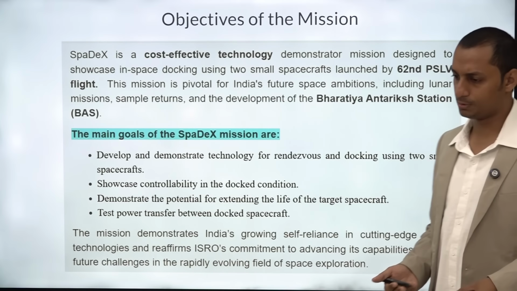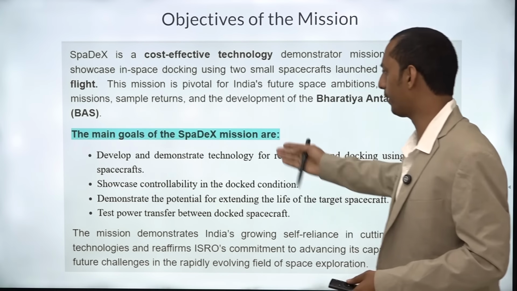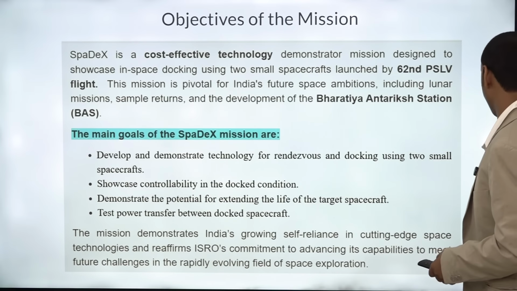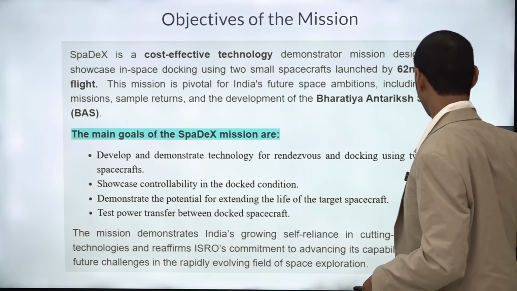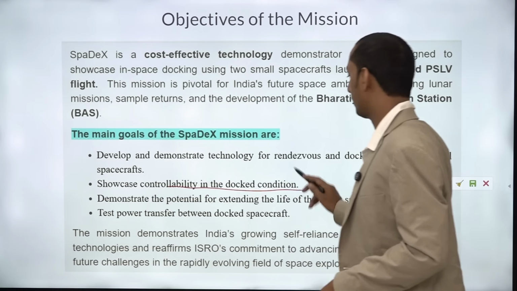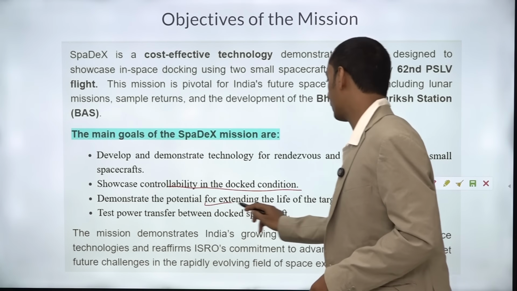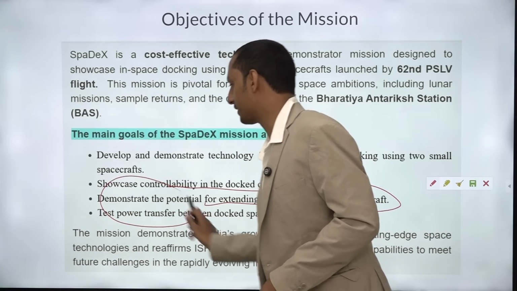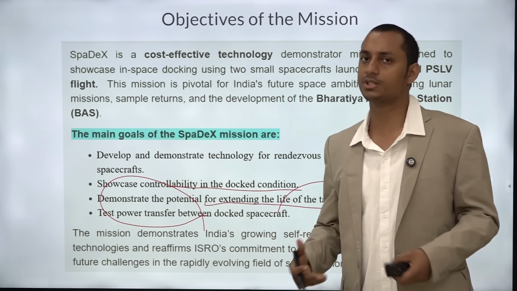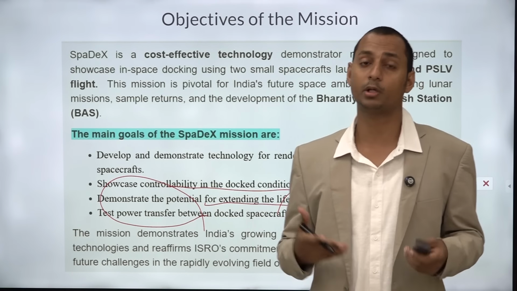If you look at the main objective of SPADEX, it is developing and demonstrating technology for rendezvous and docking using two small spacecraft, right? It's to control the docked conditions. It has the potential of extending the life of targeted spacecraft and testing power transfer between docked spacecraft. So if you look at the main goals of SPADEX, there's no relation to microgravity.